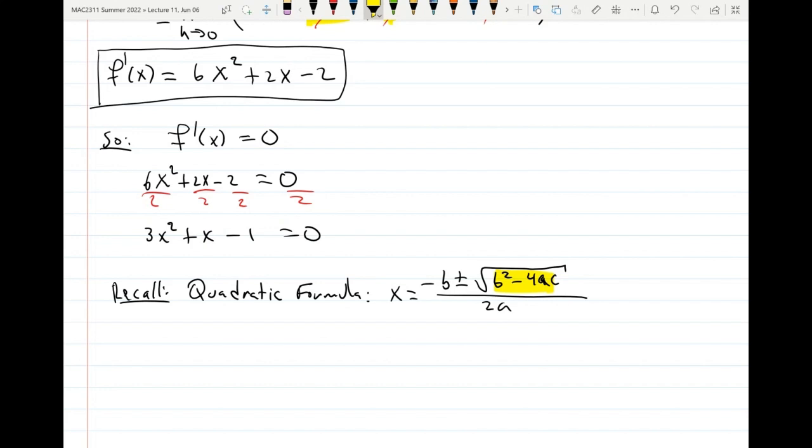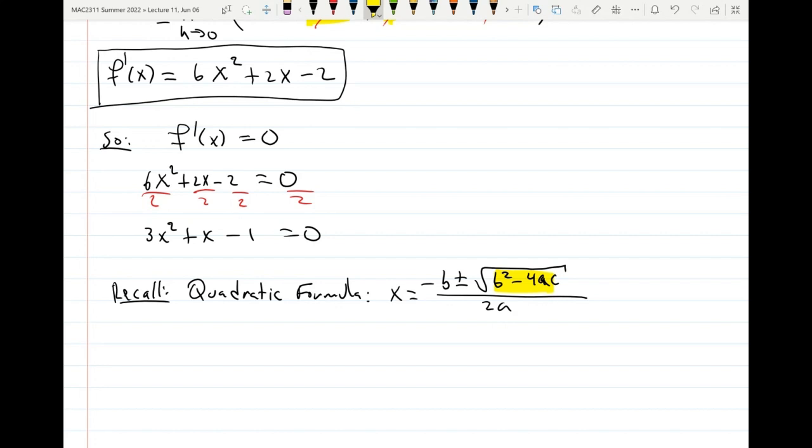And why is it helpful to compute this first? Because if this is a negative number, what type of solutions do you get? If you have a negative inside the square root, you're going to get an imaginary number, so you get complex solutions. And that's not what we're interested in. We're only looking at real solutions, because we are looking for points on the function, so no complex numbers here. So it's a good idea to compute this first.